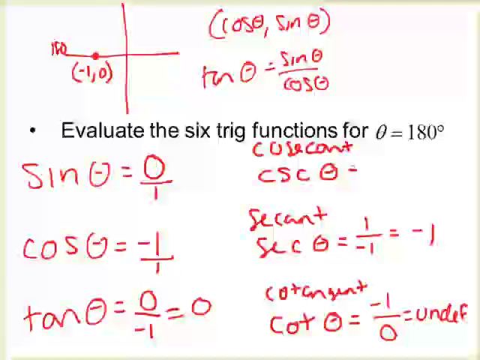So then when I flip that over, it becomes 1 over 0, which is undefined. 0 on the bottom is a no-no. 0 on the top is 0. 0 on the bottom is undefined. When you take a 0 and flip it over, it will become undefined. When you take a 1 or a negative 1 and flip it over, it will still be 1 or negative 1. 0 will always become undefined when you take its reciprocal.